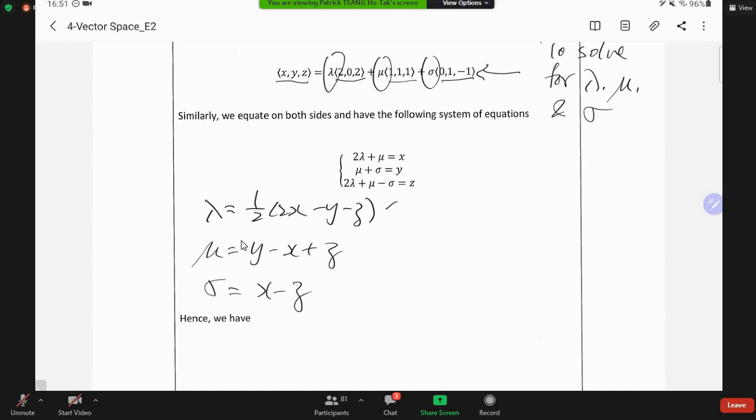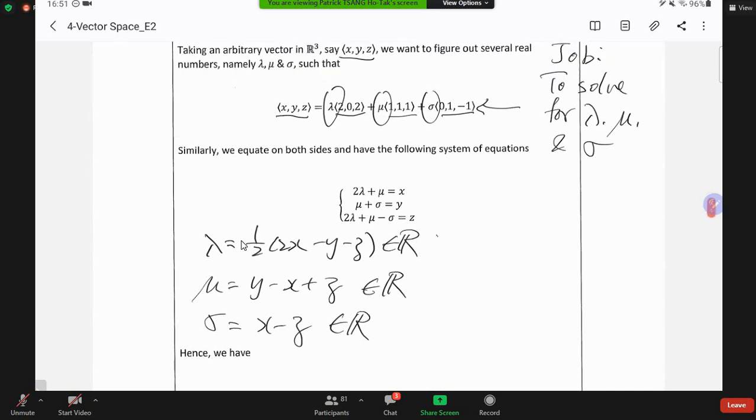So you should know that this belongs to the real numbers. Similarly, all of them are real numbers, because the interaction among real numbers will of course return real numbers. So basically we are done for this part, because our target is to solve for lambda, mu, and sigma.